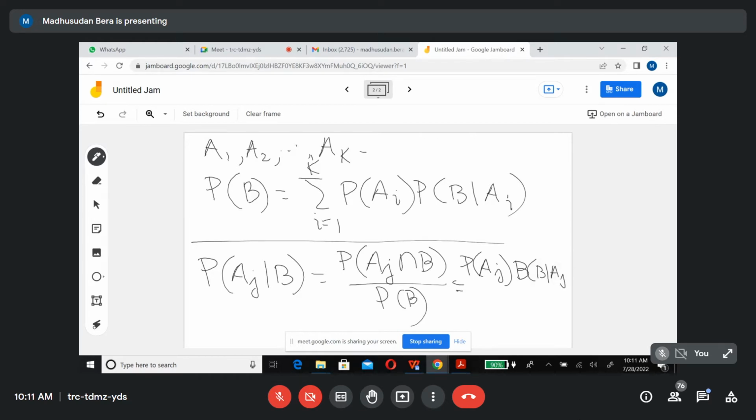Correct or not? Then P of B is the summation of P of Ai into P of B given Ai, i from 1 to K. This is called Bayes theorem. Just an application of the total law of probability, nothing else. Anyway, we will solve questions on that.